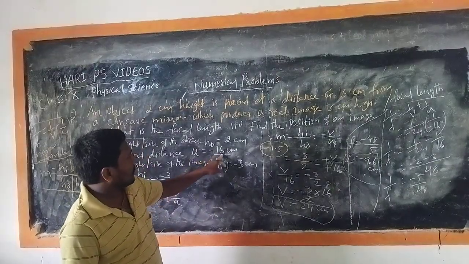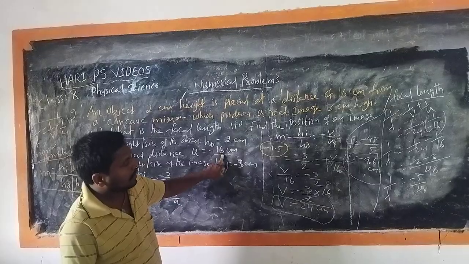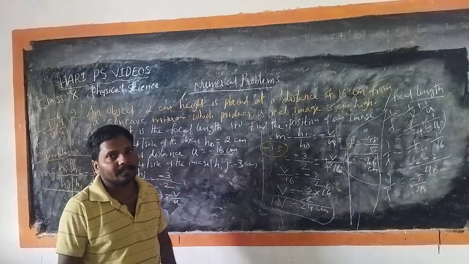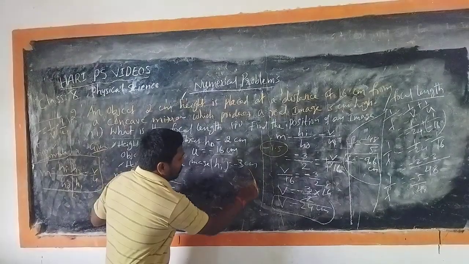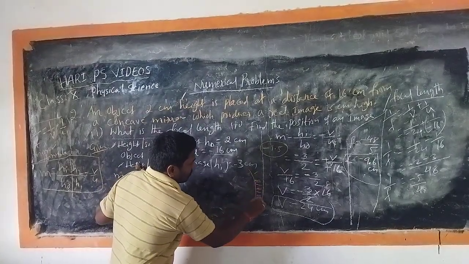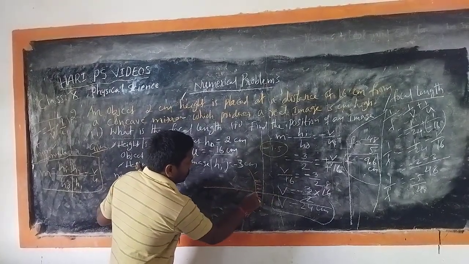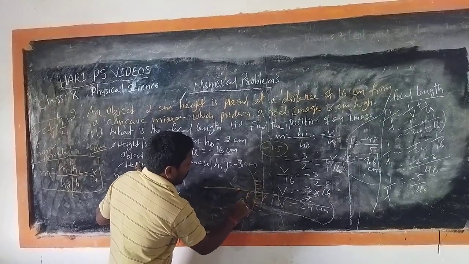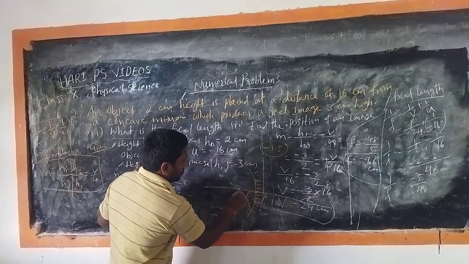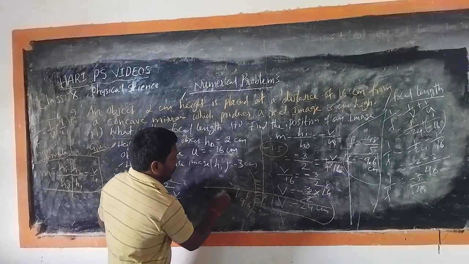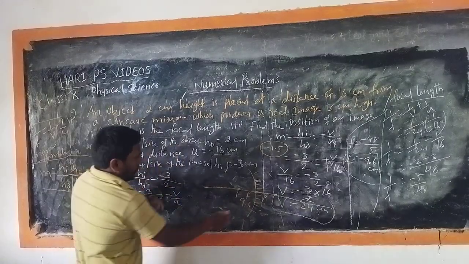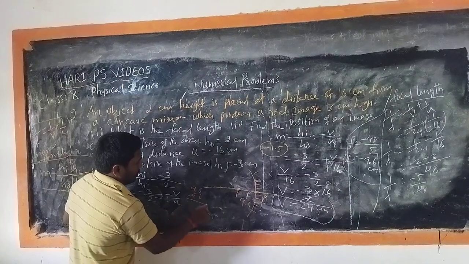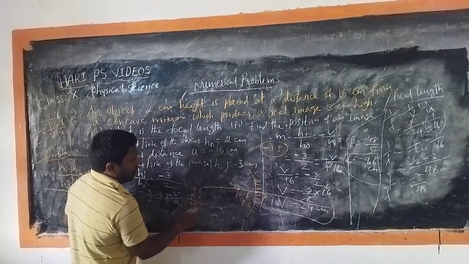Object distance is minus 16 centimeters, focal length is minus 9.6 centimeters. Now, for the diagram practice: here the focal length is 9.6.